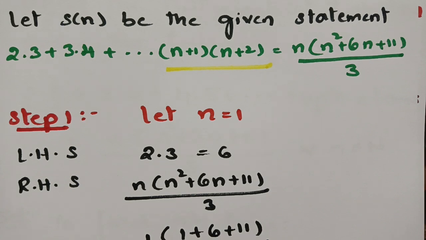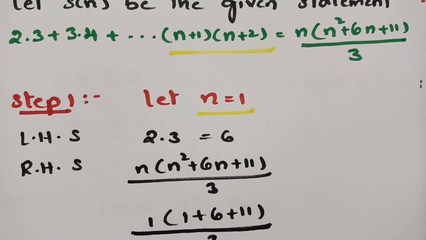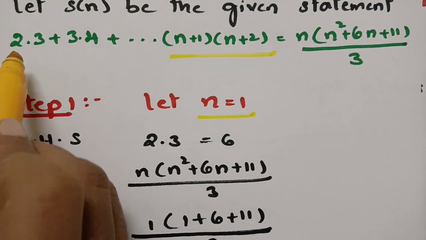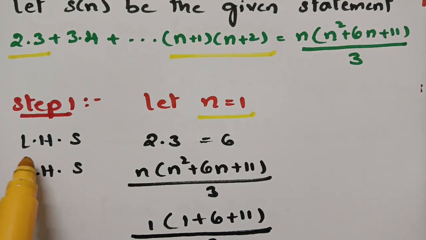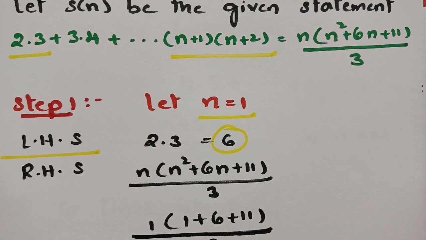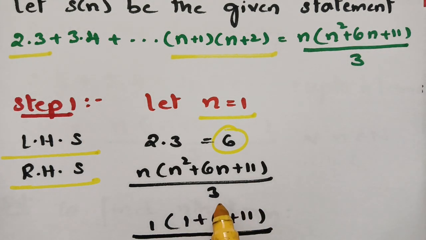According to mathematical induction, the first step is to substitute n value as 1, and check LHS as well as RHS. Coming to LHS, this is 2 into 3, which is equal to 6. Coming to the RHS part, this is n into (n square plus 6n plus 11) by 3.